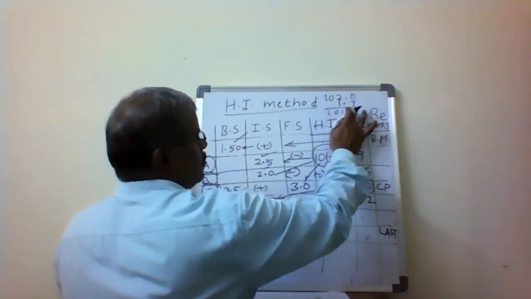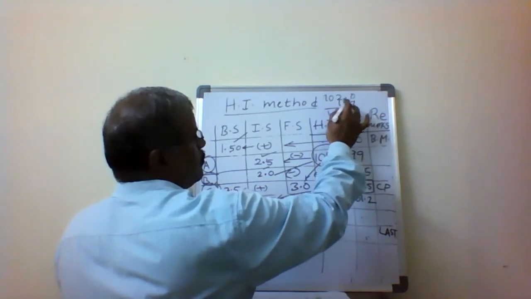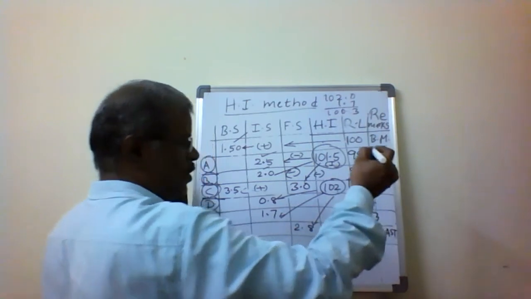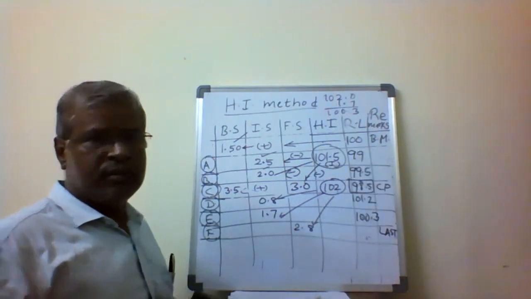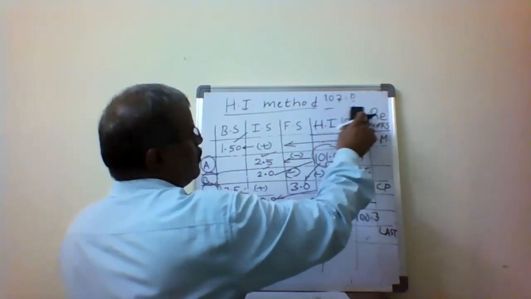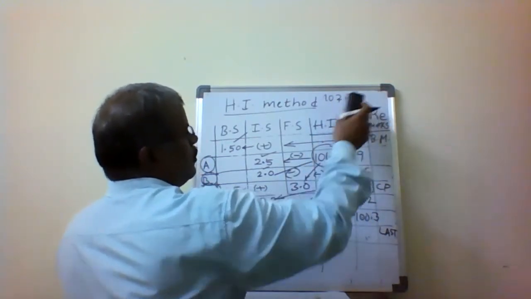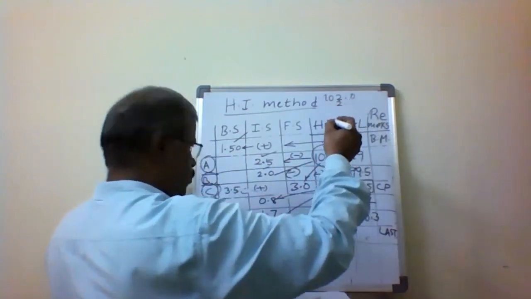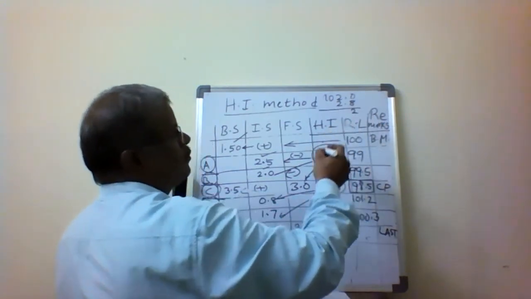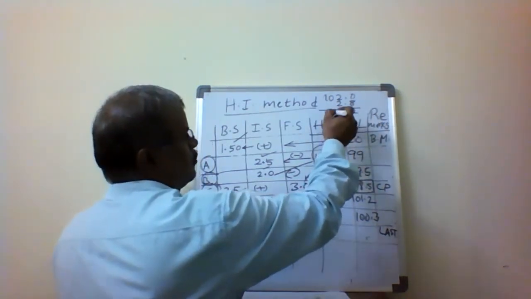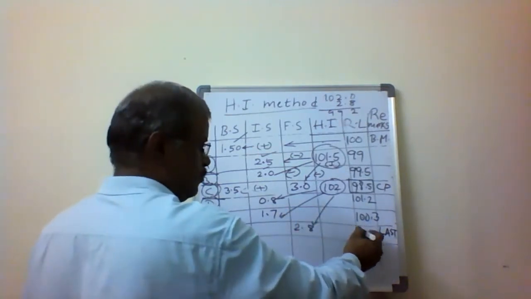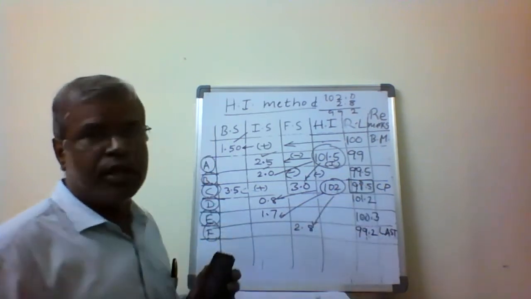1.7 gives 100.3. 100.3 is the elevation. Then the elevation of the last point is 102 minus 2.8, which is 99.2.